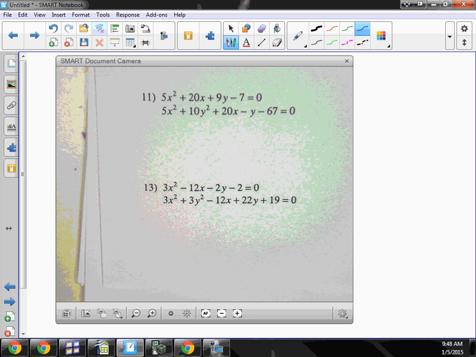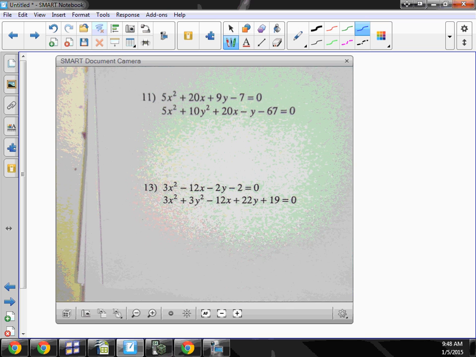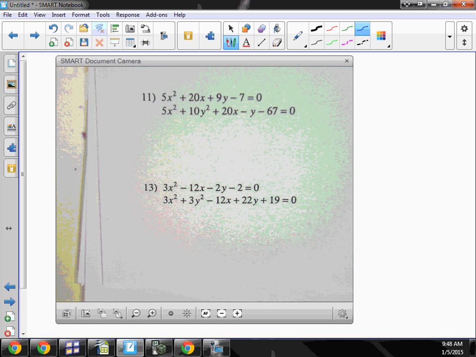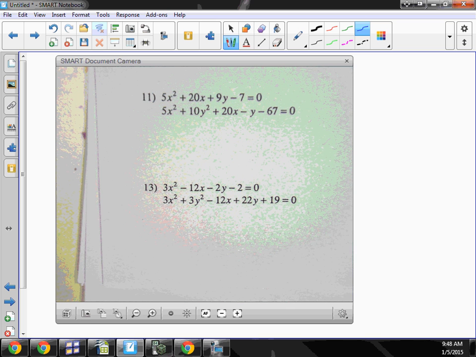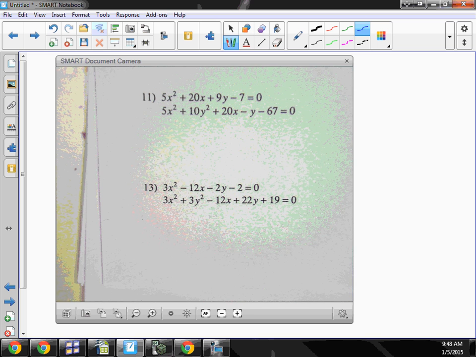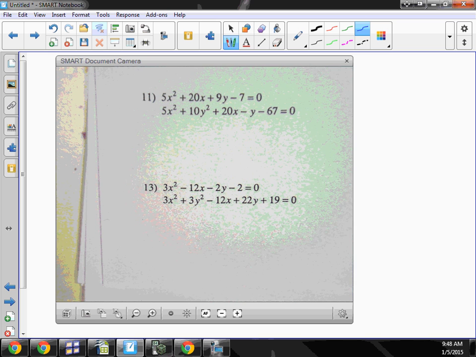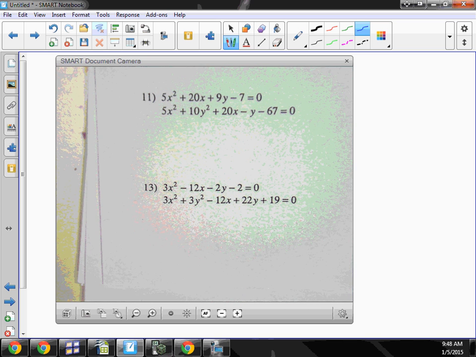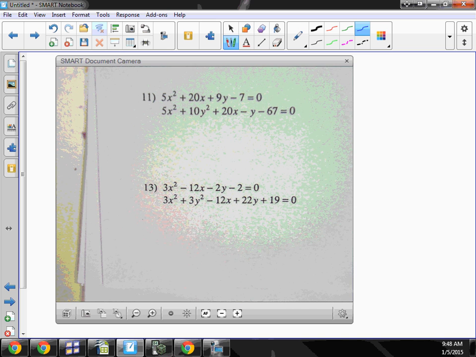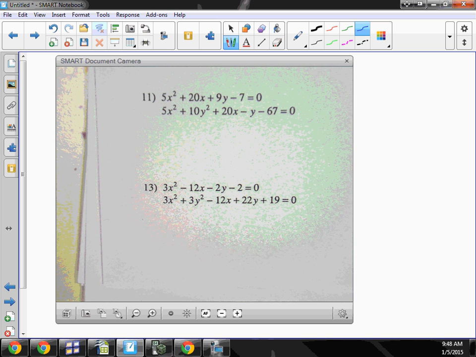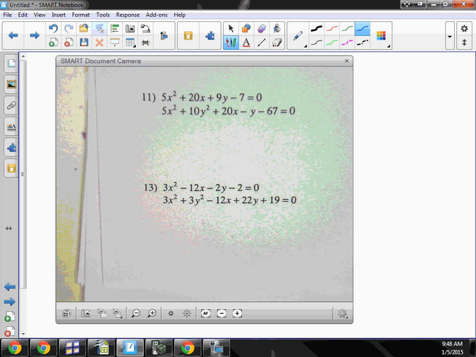What can we eliminate? Well, if I only eliminate the 5x squared, is that going to be enough? In order for elimination to work, either all of the x's have to go, or all of the y's have to go. Is there any way to eliminate the y's?